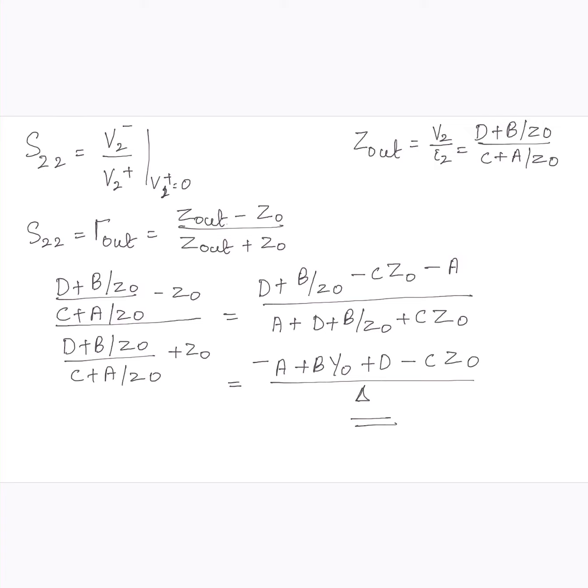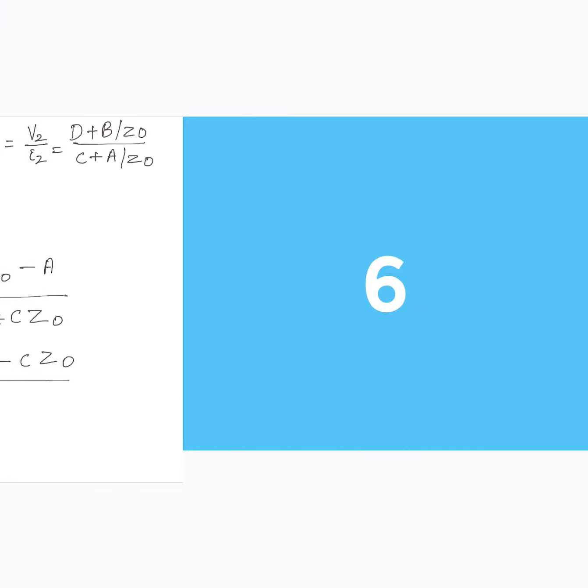So now the parameter that remains to be found out is S12. So S12 can be written as V1 minus divided by V2 plus when V1 plus is equal to 0. The same equation can be written as V1 by V2 into 1 plus S22. This is similar to how S21 was written.